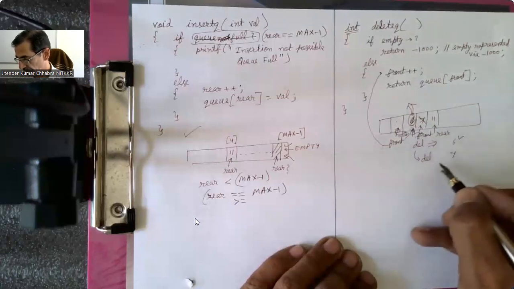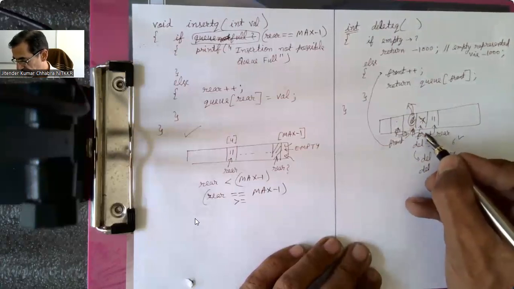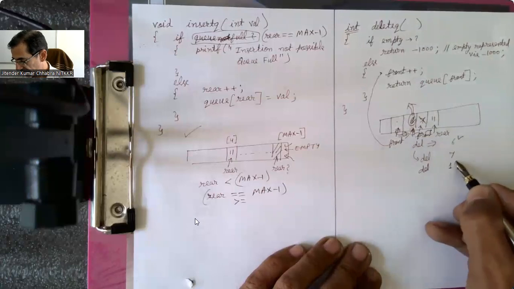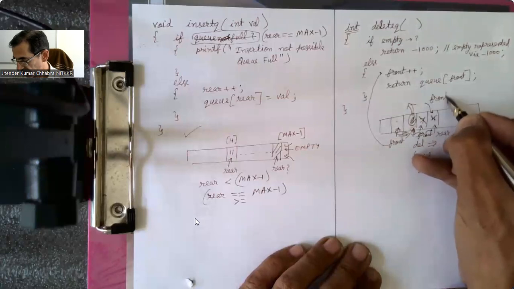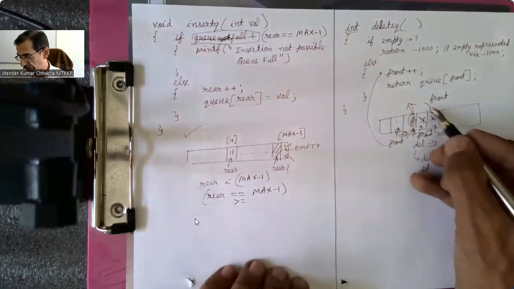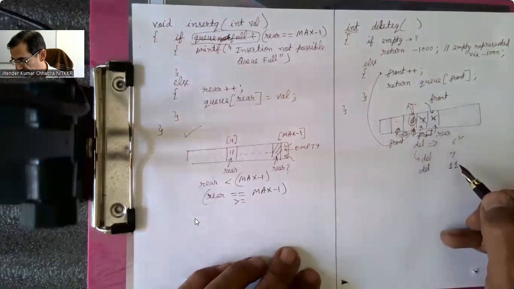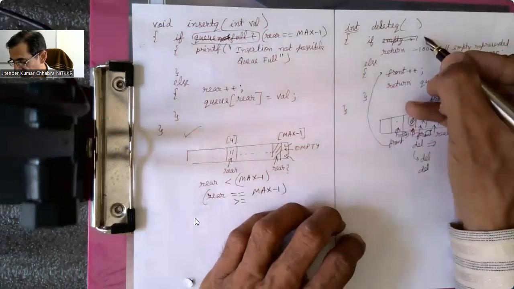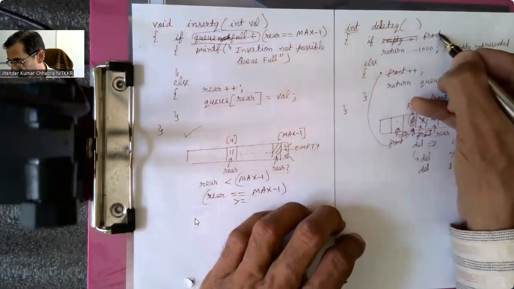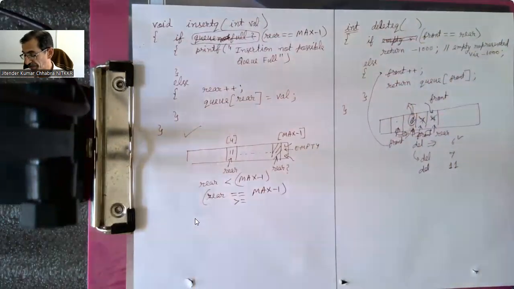Then again a deletion, let's say called. So deletion will mean front again shifted, 11 deleted, and now my front is also pointing to this end. So I can easily see if front and rear reach the same place, the queue has become empty now. So probably I can think something like this to be the empty condition. Now, I have to verify that in all situations this is correct or not.